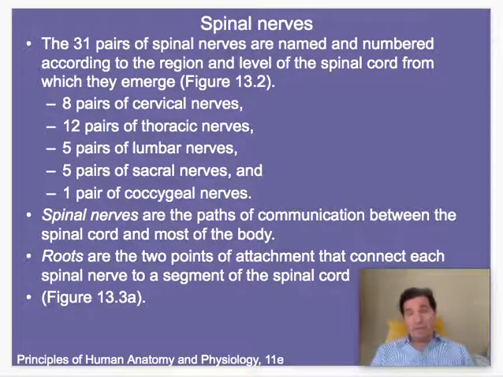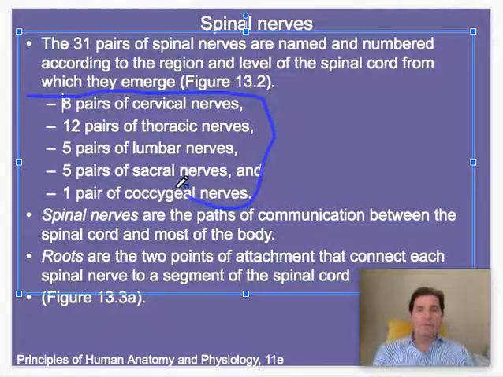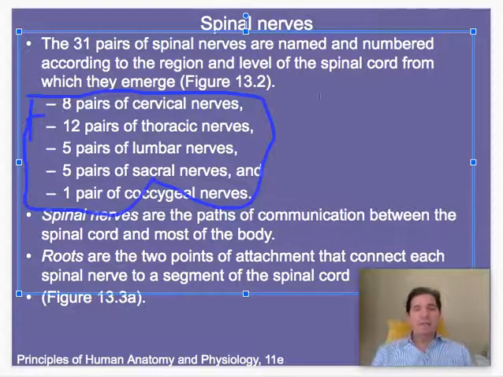So when we look at the spinal nerves, there are 31 pairs. And I want you to look at this chart right here. You might recognize that it resembles something that you may have seen from other times. If you look at it, it's numerically very similar to the arrangement of the bones found in your body.